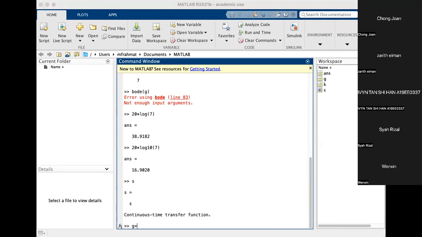can you read for me the transfer functions? Bracket S plus 3 divided by S. Okay, K is 1.